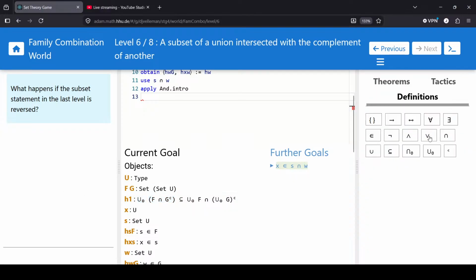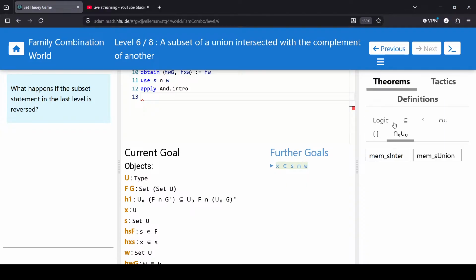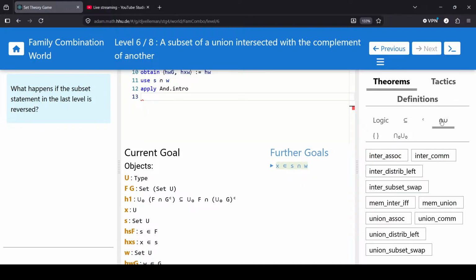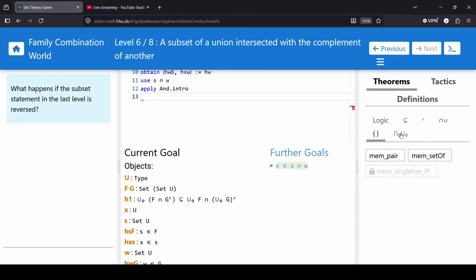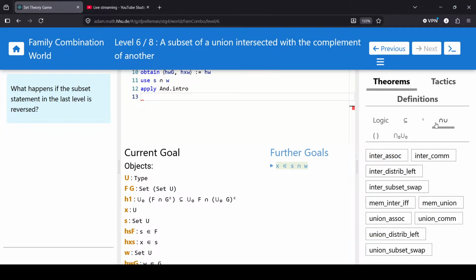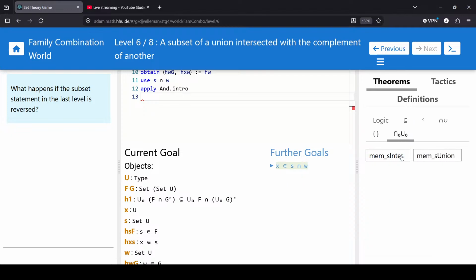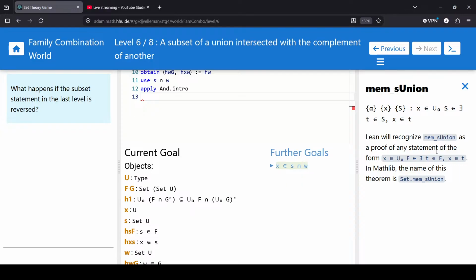All right, and so U0, this guy is syntactic sugar for that. S. Okay, so this would become there exists.